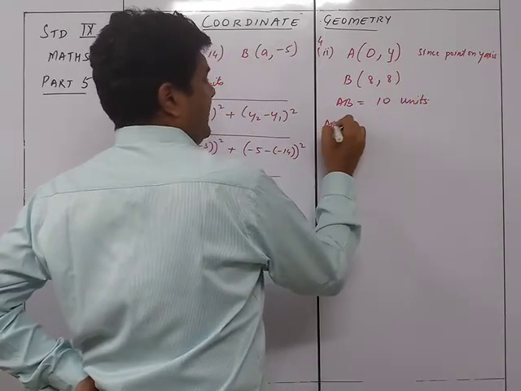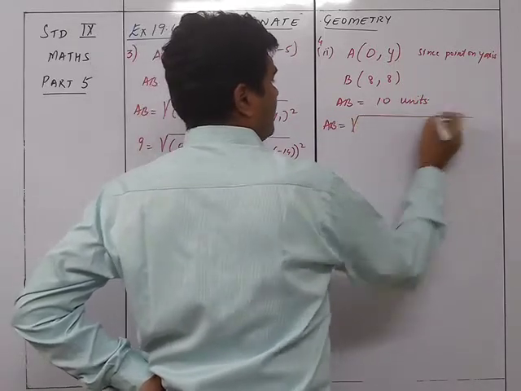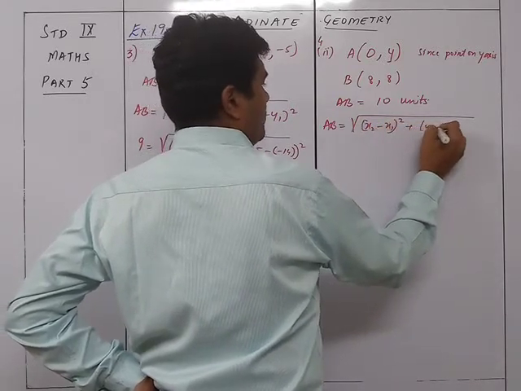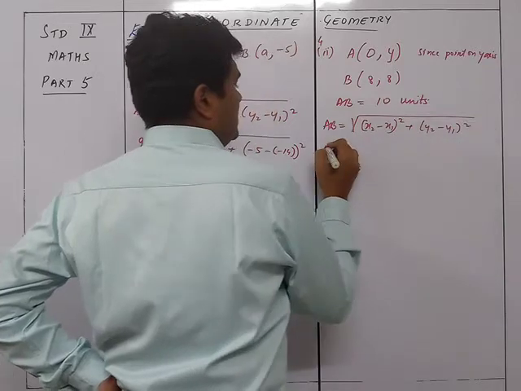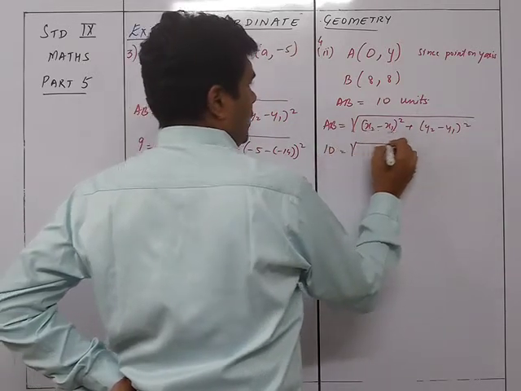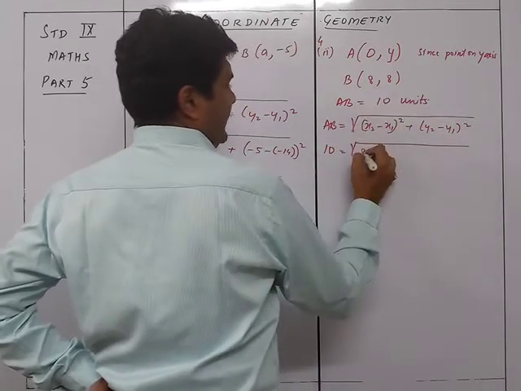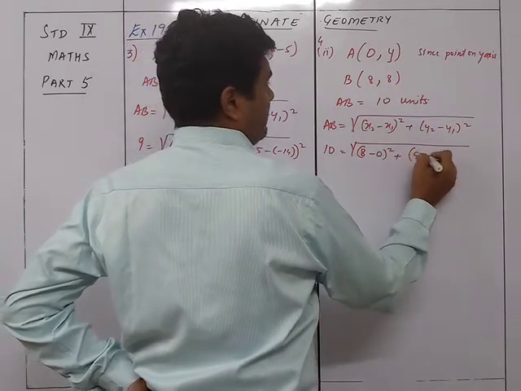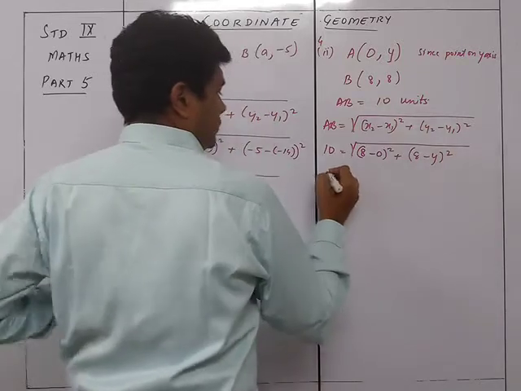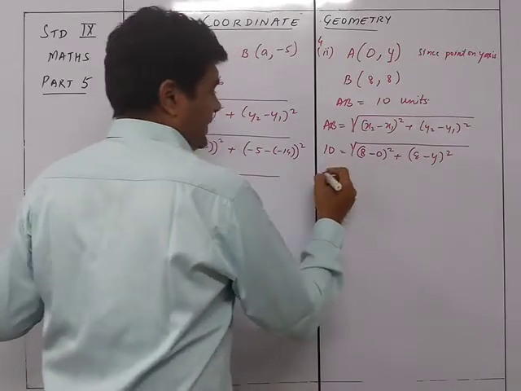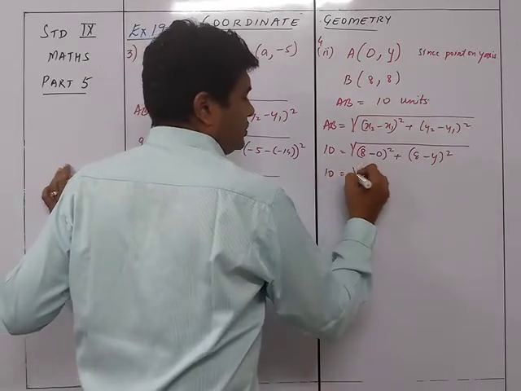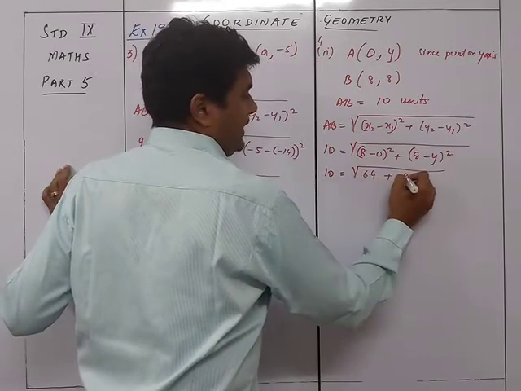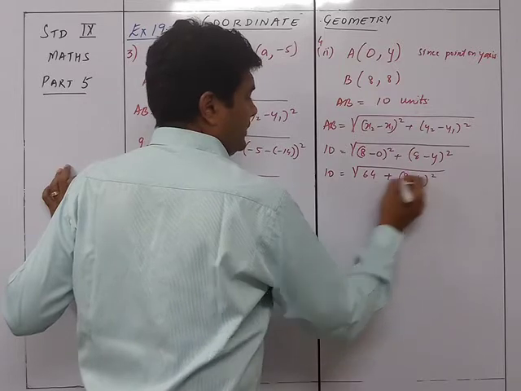So you got AB is the square root of x2 minus x1 the whole square plus y2 minus y1 the whole square. So 10 is equal to square root of x2 is 8 minus 0 the whole square plus 8 minus y the whole square. So 10 is equal to square root of 64 plus 8 minus y the whole square.